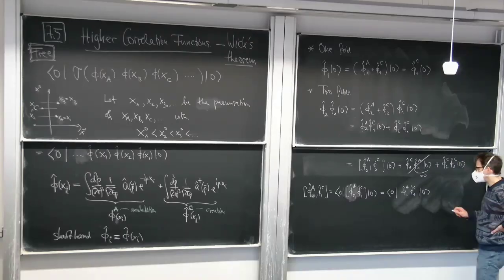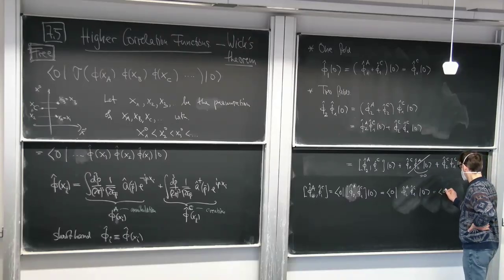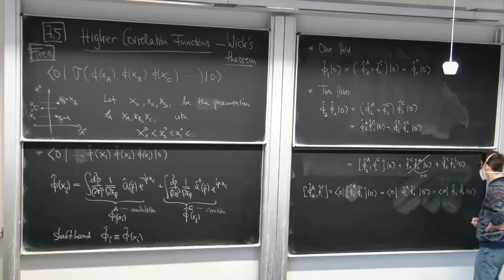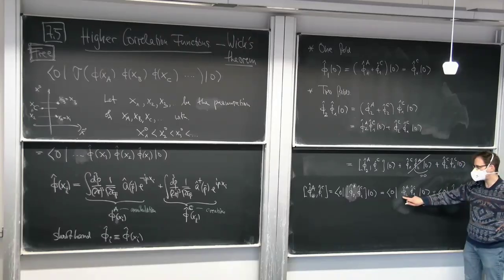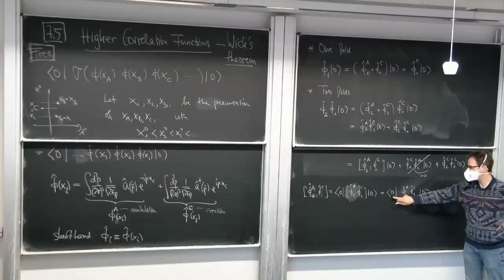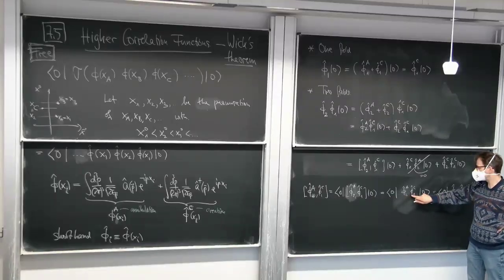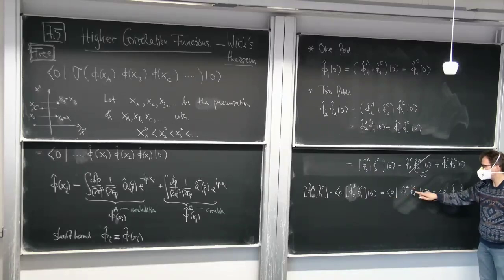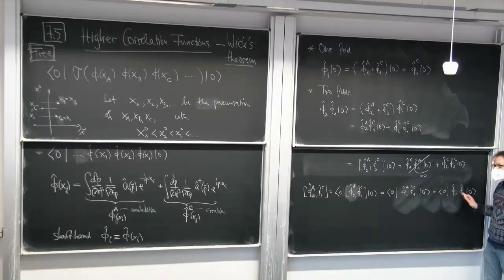But this I can complete with both fields. Because I have to add to this one the creation part, which is 0. I have to add to this the annihilation part, which is 0. So just this little, the fourth basically of this is the same.